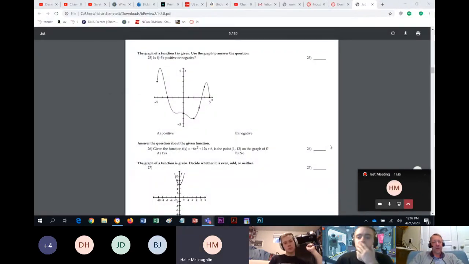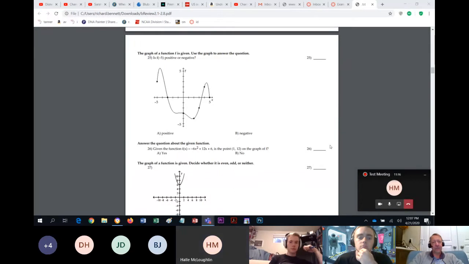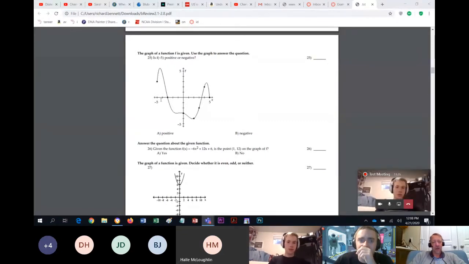So what do you guys think? How do you figure it out? It's positive. How? So you're plugging -5 into the function, so -5 is x. Yes, so here's -5, and you can see that your y is positive. It's that point right there, just like Michael said.